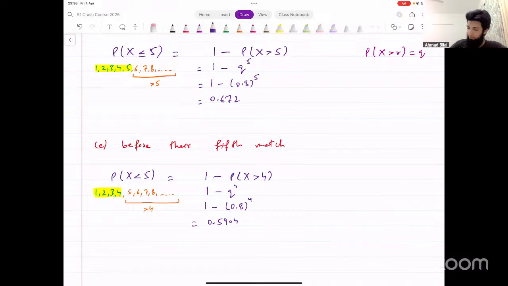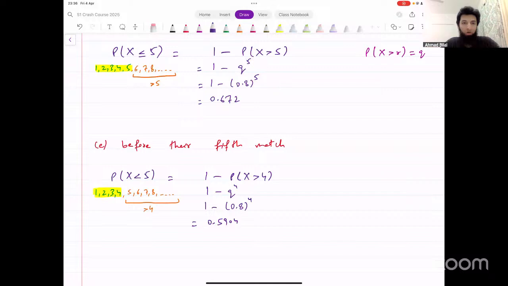Is that clear to everyone? So in a geometric distribution, we can deal with inequalities directly. In binomial, we could not do that. In binomial, if we had an inequality, we always had to find each number's probability separately, right?